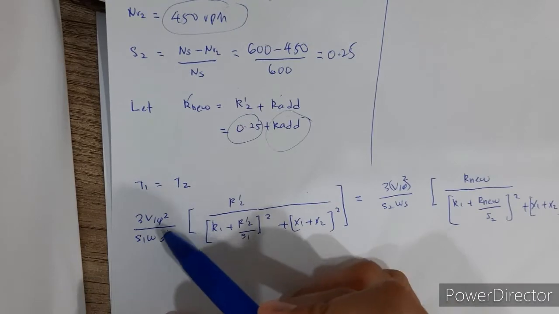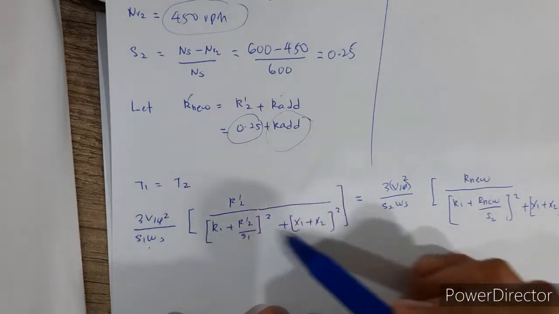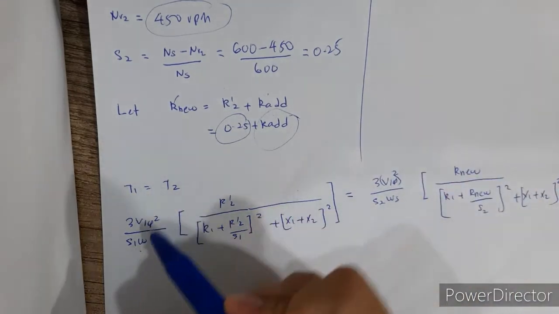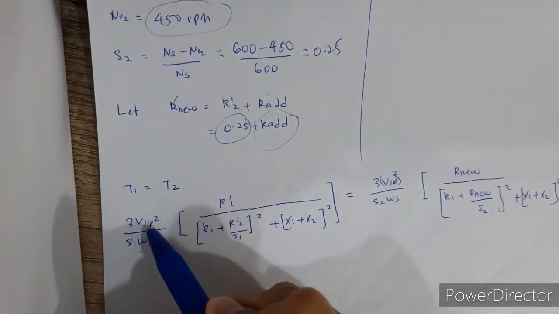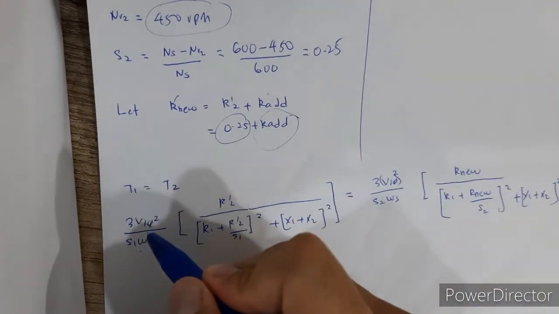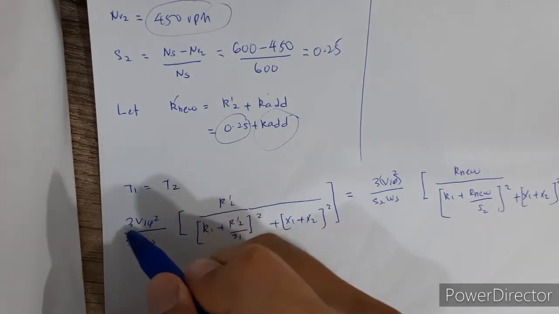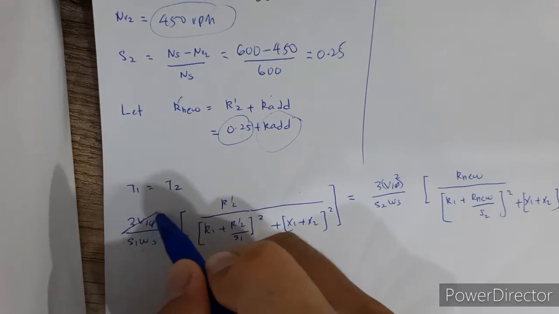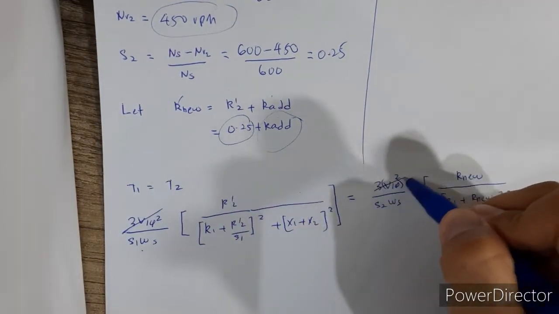So 3 V phase squared over S1 omega S, and so on. We know that 3 V phase squared is similar during T1 and T2, so we can cancel it out with this side.